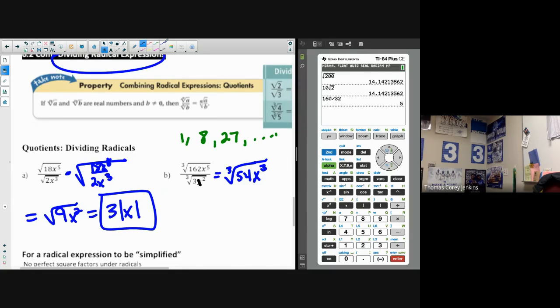I'll skip a little bit of work here. So we have 3 outside the radical, and then the cube root of x cubed is just x. And then what would be left under, 27 times 2 is 54, so just the cube root of 2. 3x cube roots of 2 would be our answer there.